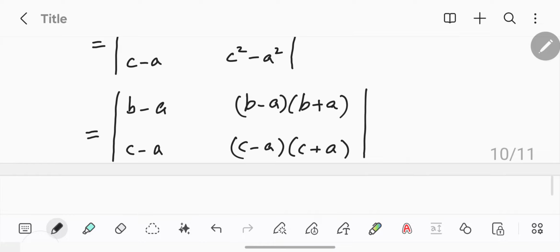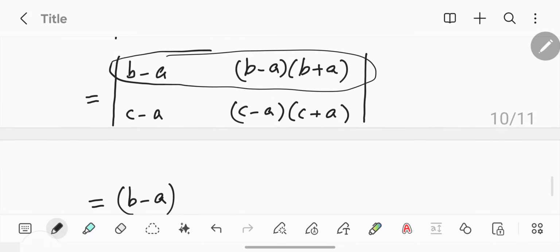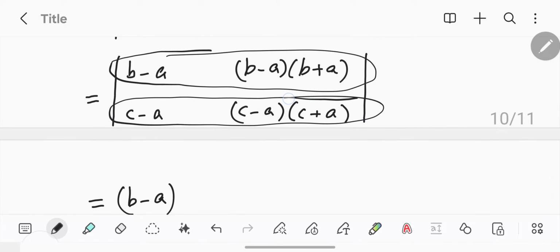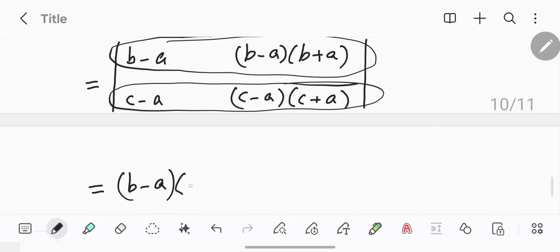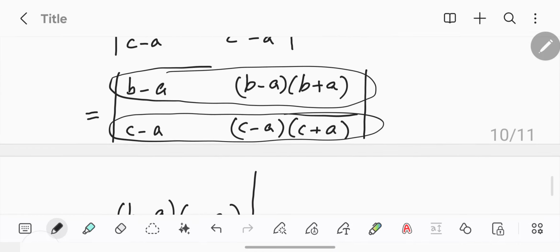Okay? Now I can take common b minus a from the first row. You can check in the first row b minus a is common, so I can take b minus a common from the first row, okay? And similarly from the second row I can take common c minus a, so I will write c minus a times, what's the determinant here?